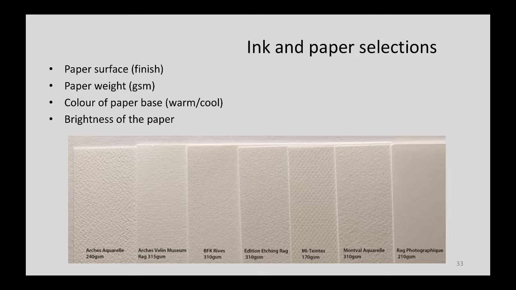I print only on matte papers, but that suits my type of work as well. The old red brick buildings that I've been using in my lectures, I print that on a Canson paper, but it's a luster, it's a resin type of paper.